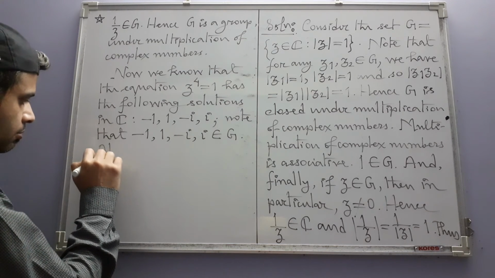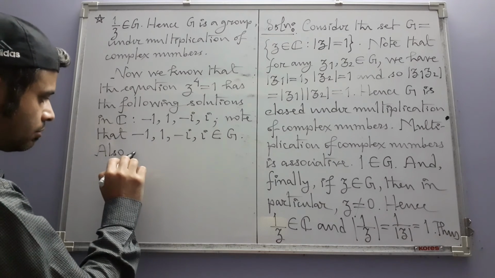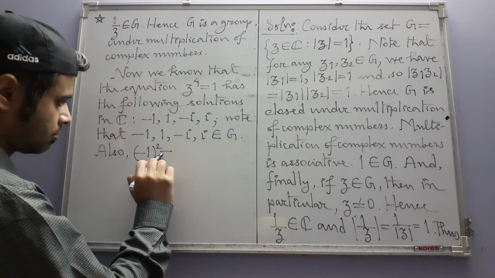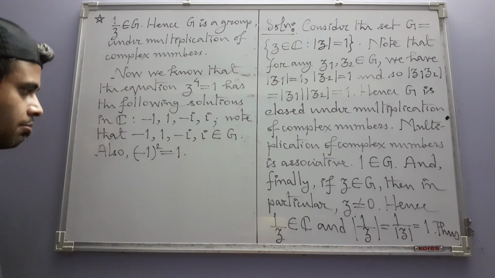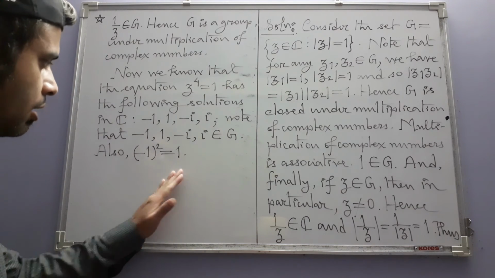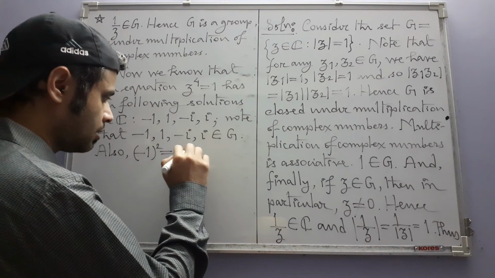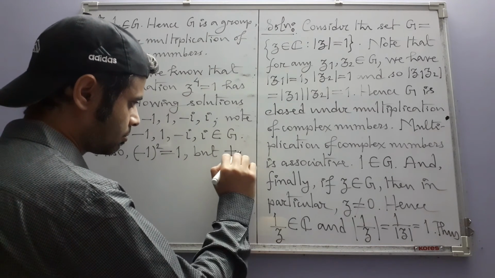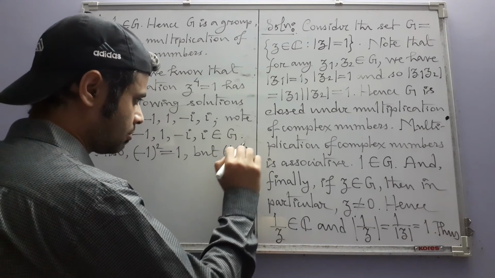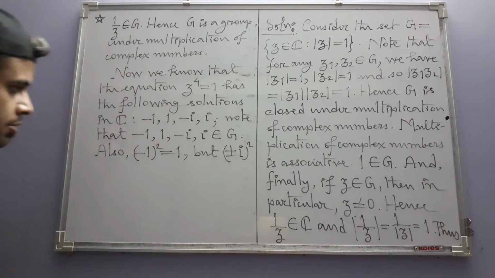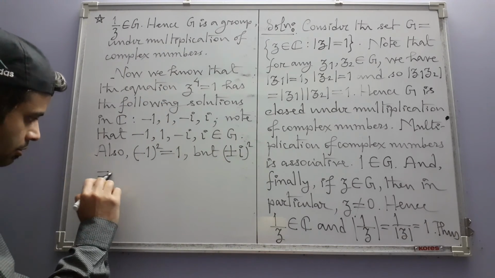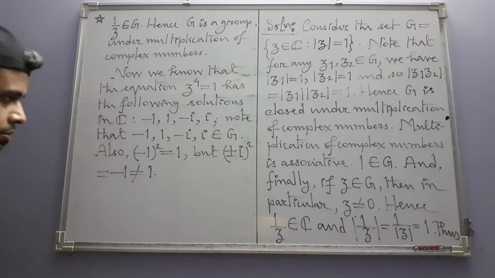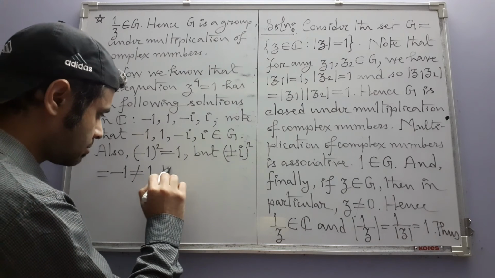Also, -1 squared is 1, but the square of i is -1 and not equal to 1.